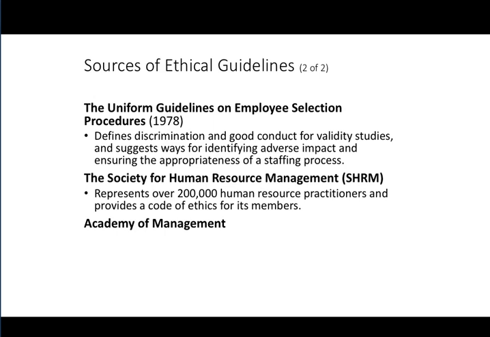Then we've got the Society for Human Resource Management, SHRM. These are all the practitioners that engage in SHRM or are members of SHRM. We have really clear guidelines and codes of ethics for those who are members of SHRM about the behaviors they're supposed to engage in as HR professionals.